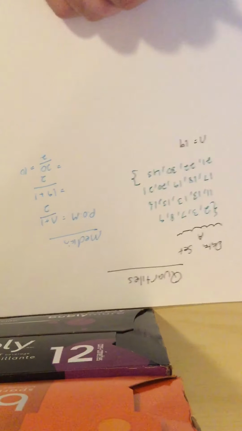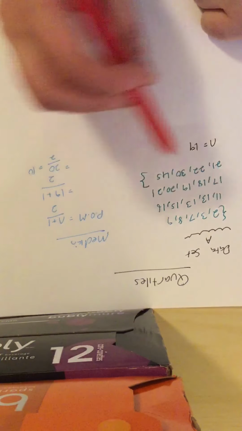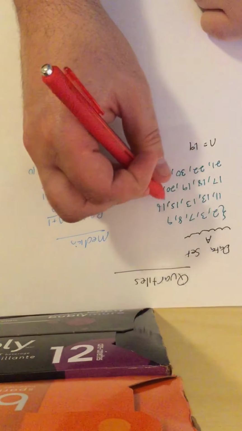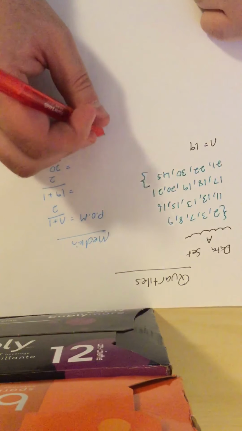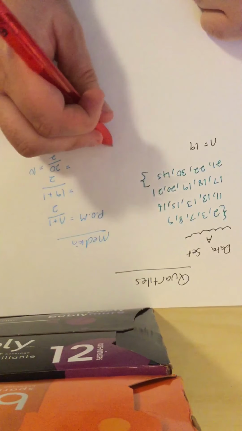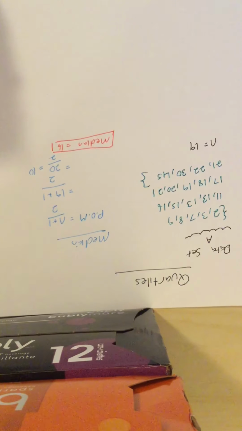But 10 is not the actual median, that's the position of the median. The actual median is the 10th number, 1, 2, 3, 4, 5, 6, 7, 8, 9, 10, which in this case is 16. So the position of the median was 10. The actual median is 16.